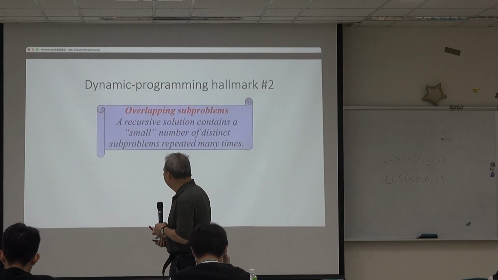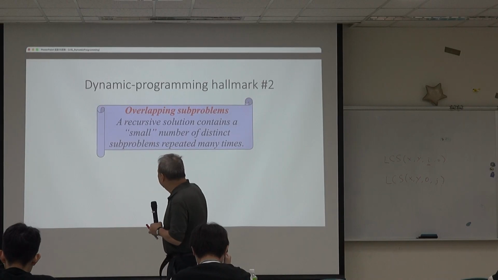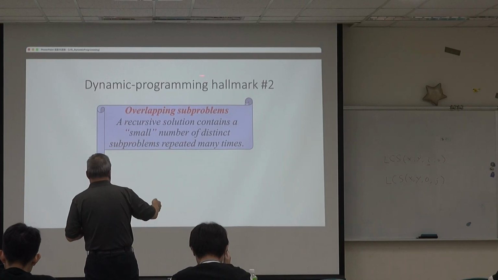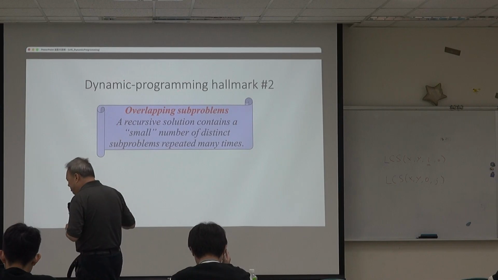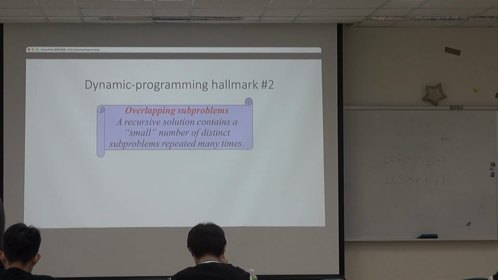Before we talk about the solution, this is the second property of dynamic programming. These two properties are very crucial. You have to have these two properties in order to call the algorithm a dynamic programming solution.